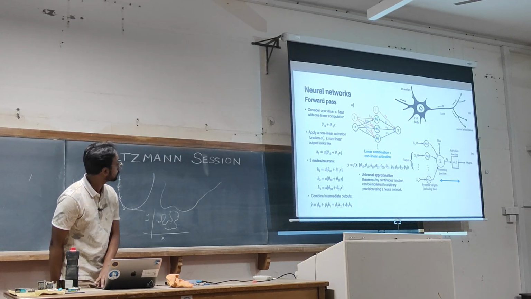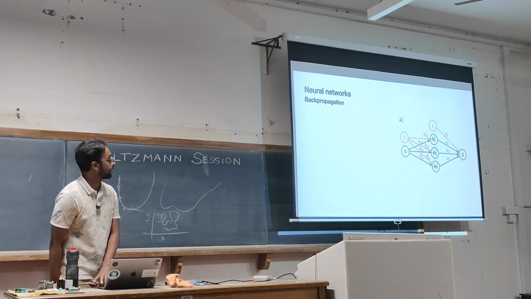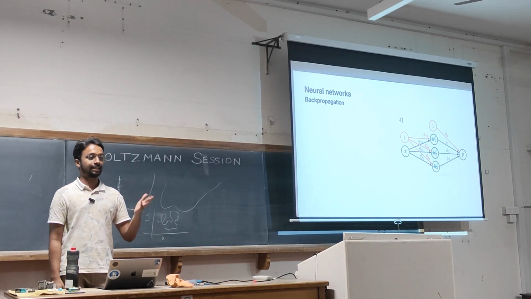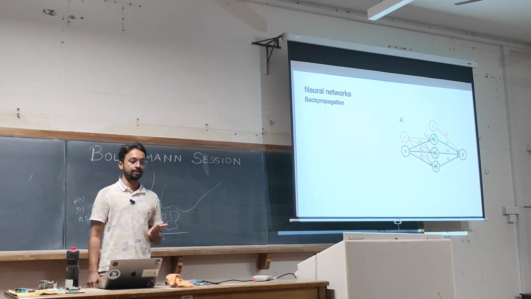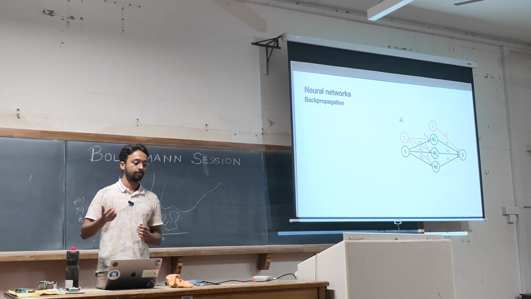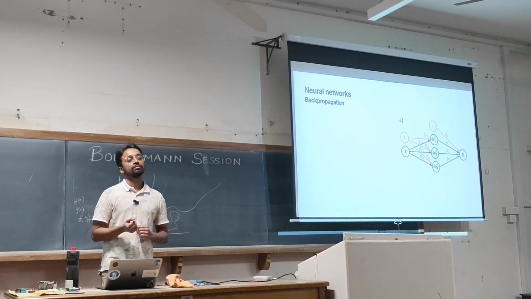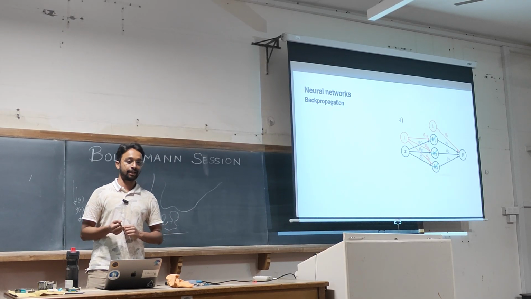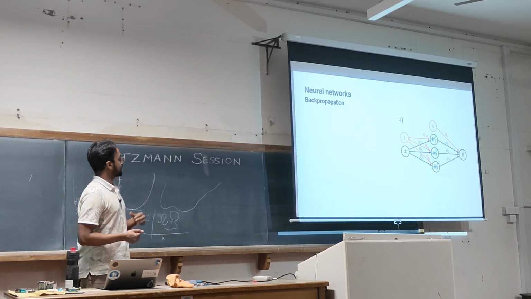Okay. So after this, it's the same process. Previously in linear regression, we had this idea of gradient descent. You have a loss landscape, and you're trying to move in the direction opposite to the gradient to find the minimum. It's the same process here.